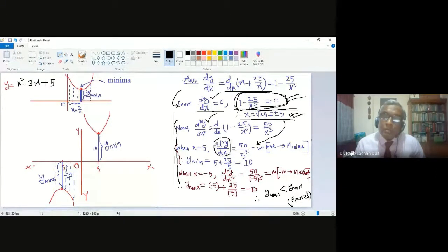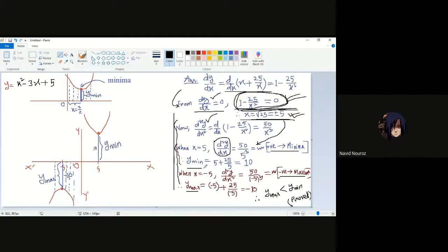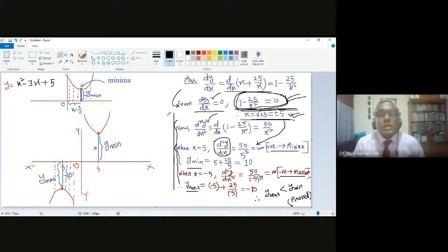And if you cannot put the x value here, you cannot decide whether it is minima or maxima. If you cannot decide, then what is the point of finding y max or y min? You got my point? Yes, sir. So I cannot actually give you quite critical problems, because it is not possible to find the x value from any kind of equation.